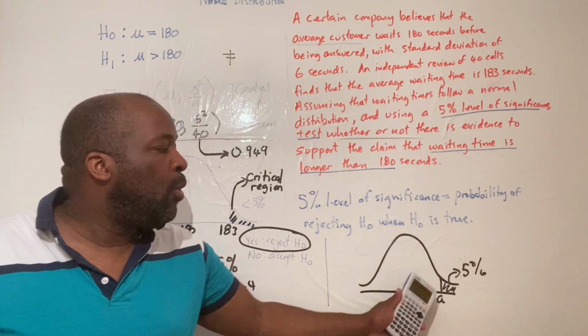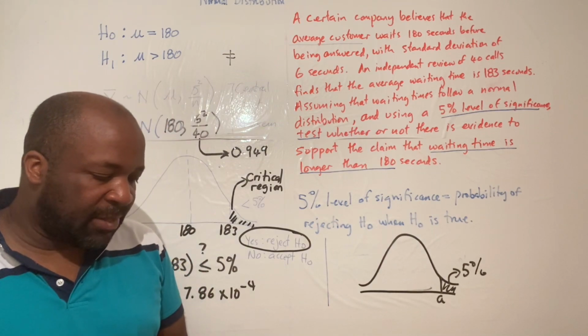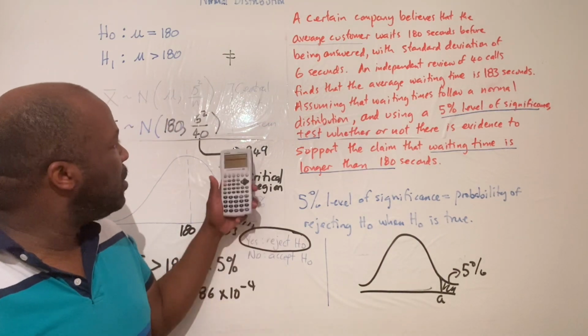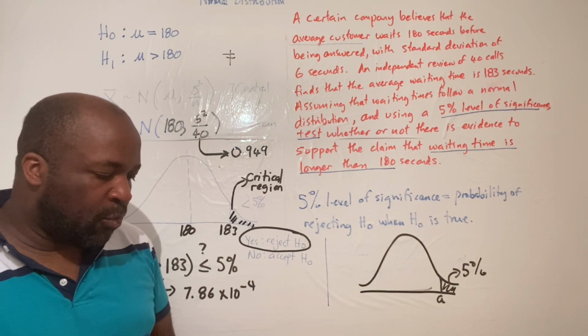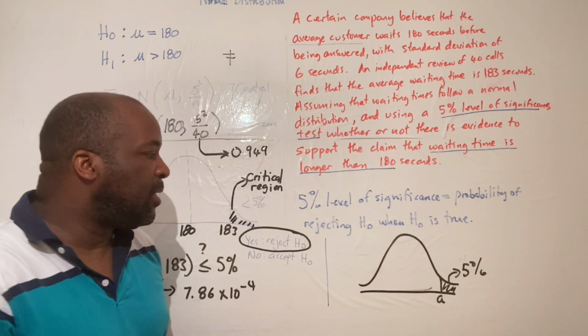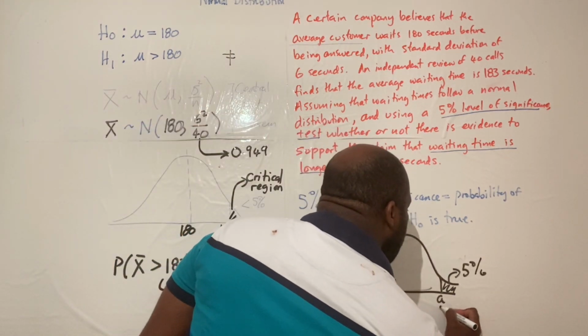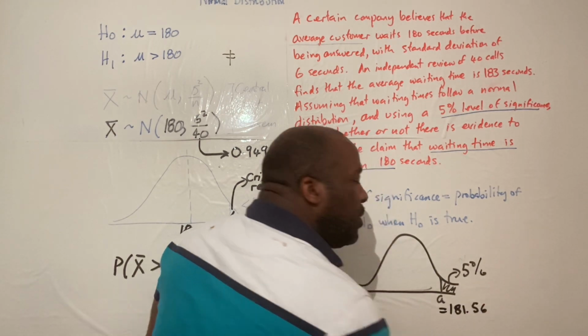The area will have to be leftward facing, so it will have to be 0.95 for this calculator. Sigma is going to be 0.949. Mu is 180, and we get 181.56. So A is equal to 181.56.